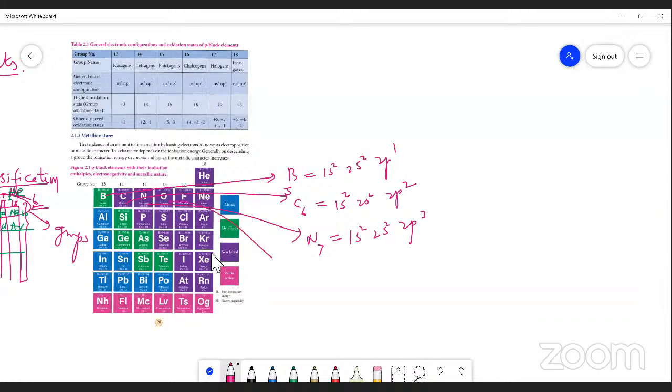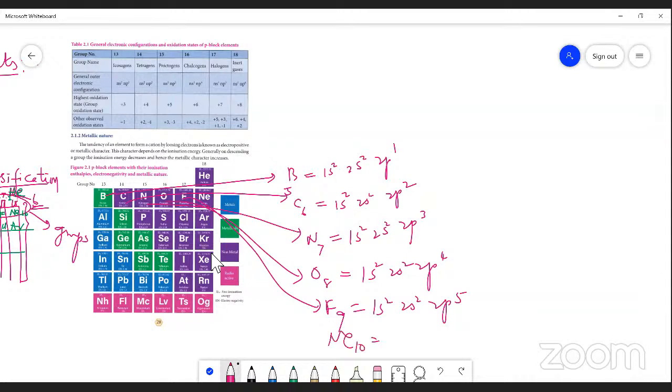Oxygen, atomic number 8, has 1s2, 2s2, 2p4. Fluorine, F9, has 1s2, 2s2, 2p5. Neon, atomic number 10, has 1s2, 2s2, 2p6. See, the electrons gradually increase in the p level.